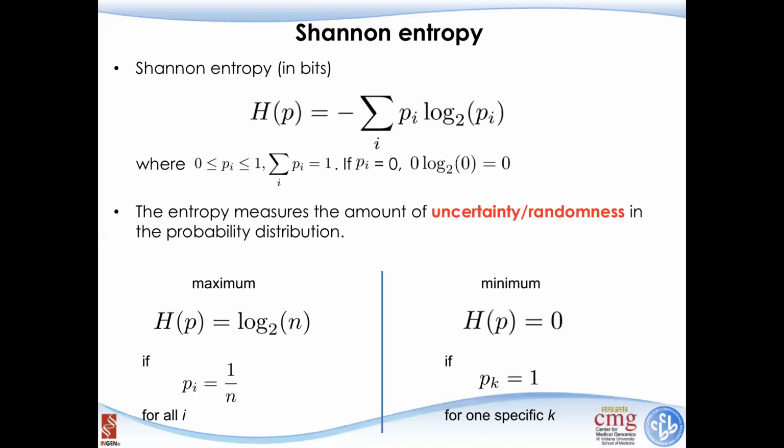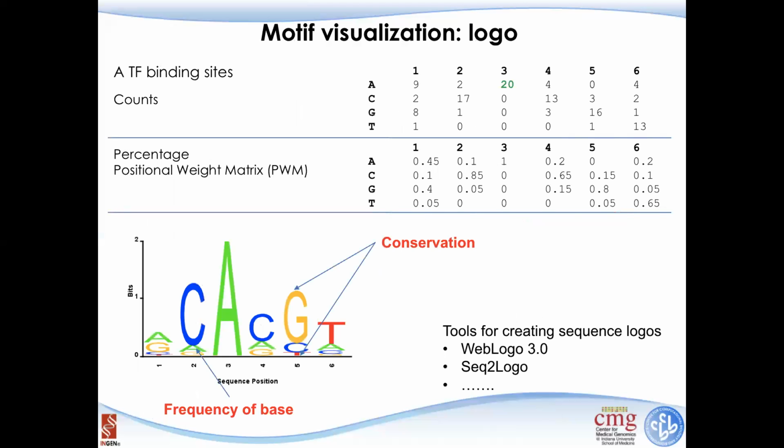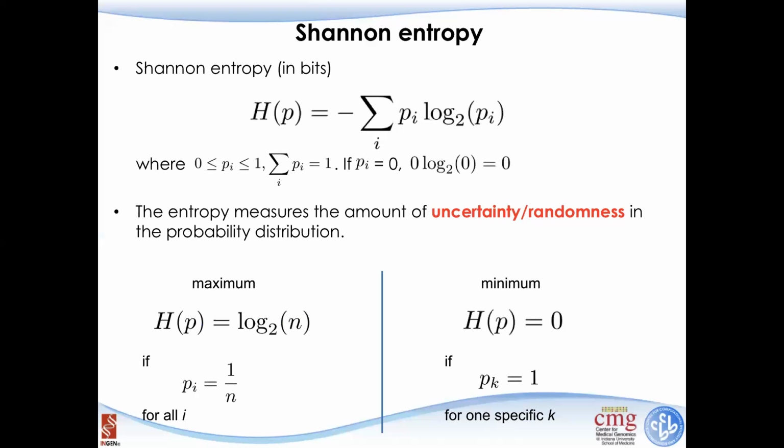And if, as in the last example we showed, there is a position with only A, what should the Shannon entropy be? 0, right? Because only one frequency is 1, and 1 times log2 1 is 0. For all the others it is 0 as well.